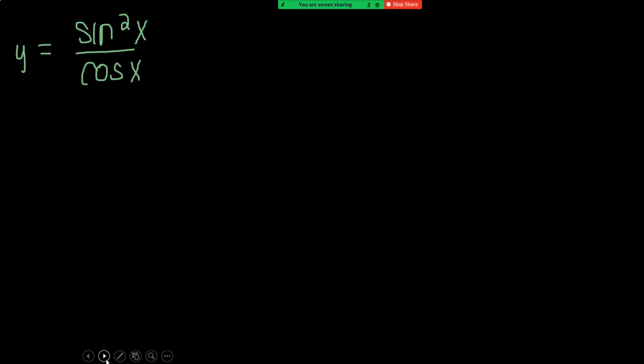This is kind of like a quotient rule. Anytime you have a trig function squared, before you do your derivative, my suggestion is to rewrite it with the squared on the outside so you see the chain rule.